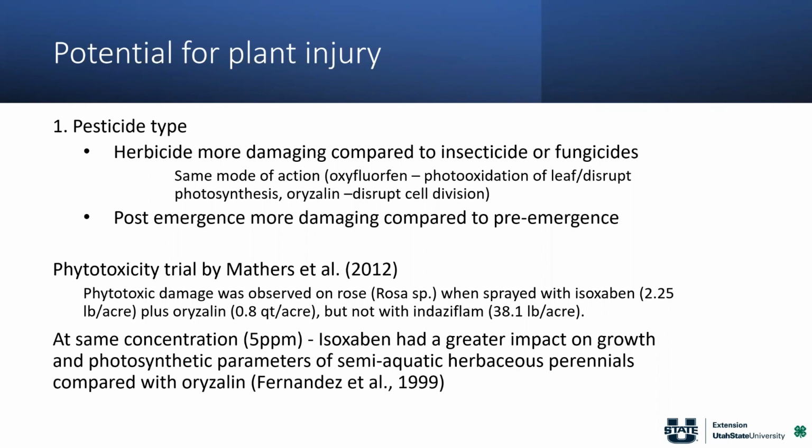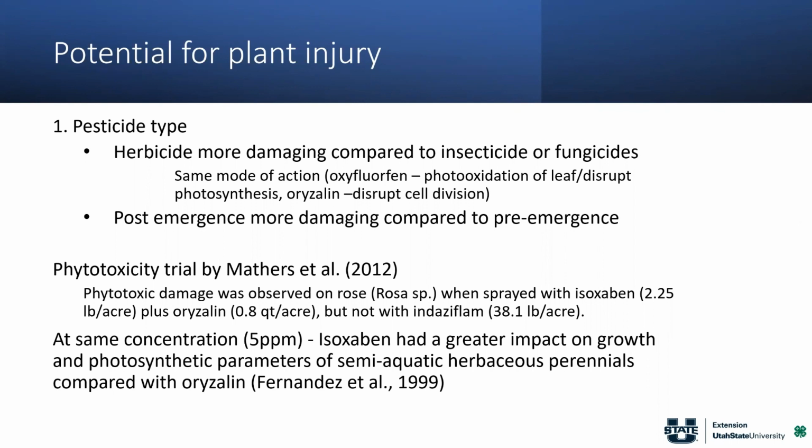Whereas pesticides like insecticide and fungicide are targeted to kill animals or insects or the fungus. And fungus has different physiology or a different mode of action which might not be present in plants. So anything that is not present in plants, how would it affect plants, right?